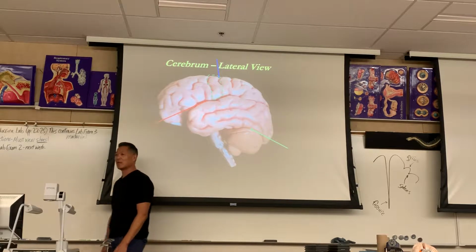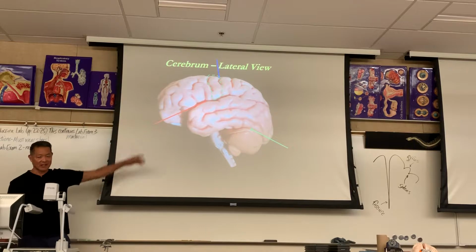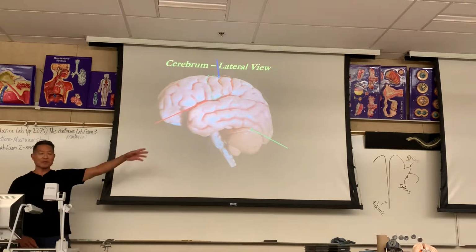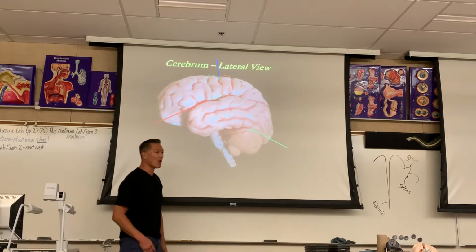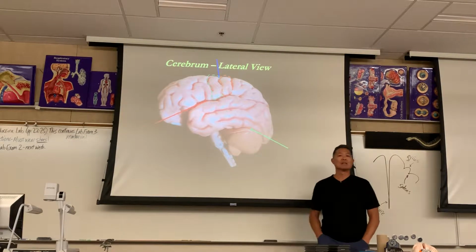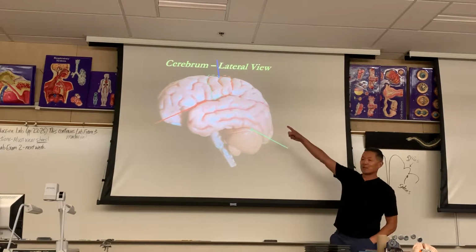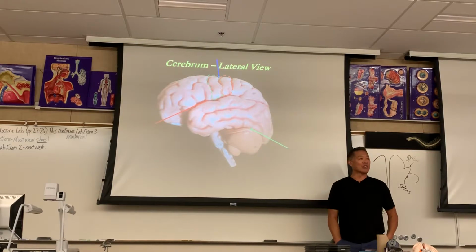Everything crosses left and right. If you are touched on the right side, since this is the left cerebral hemisphere, those action potentials end up in the orange area called the post-central gyrus. But it crosses left to right, so if you're touched on the right side, the action potentials end there in the orange area. That would be somatic sensory. Everybody got it?